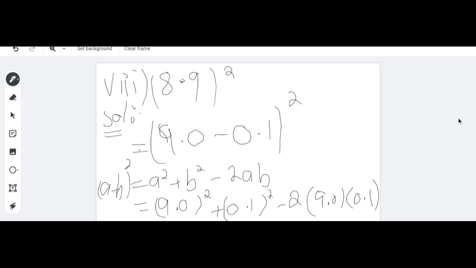The 0 states nothing. It means that we have to multiply 9 twice with each other. It will give us the answer 81. Simple. We can say 81.0 square. Simply like this. This square is solved for the 9.0.